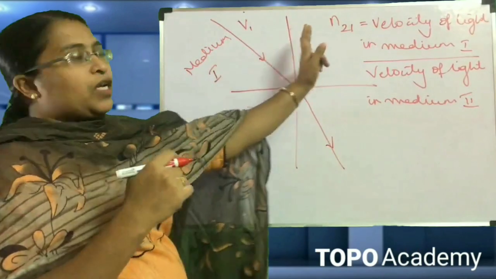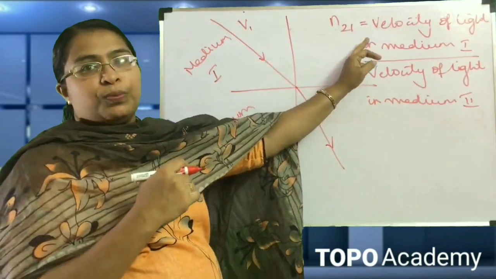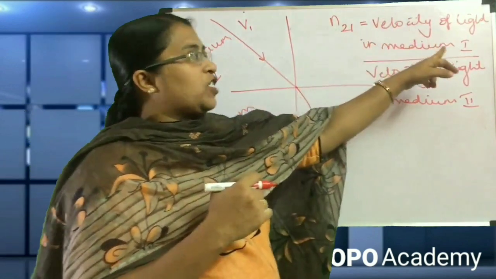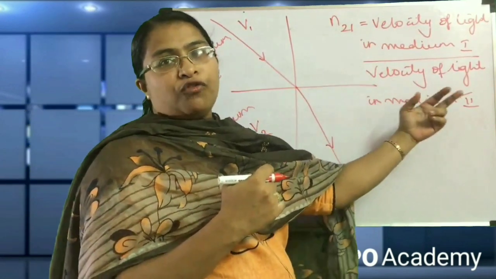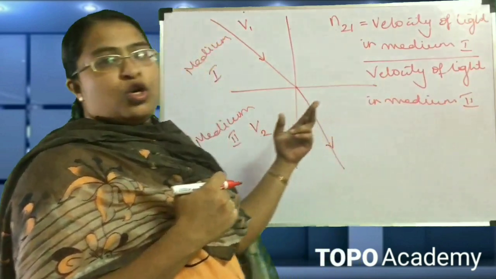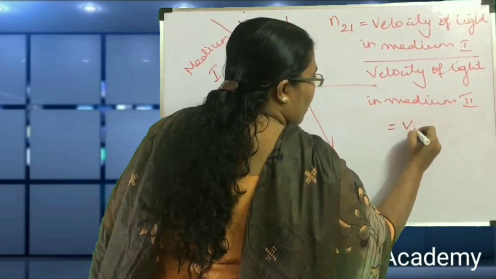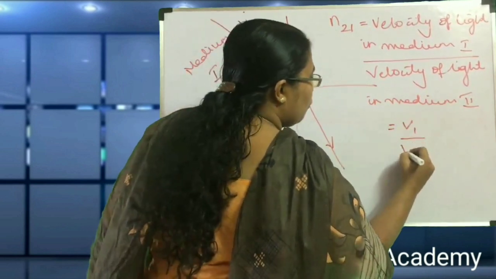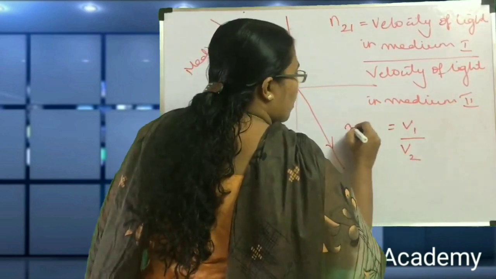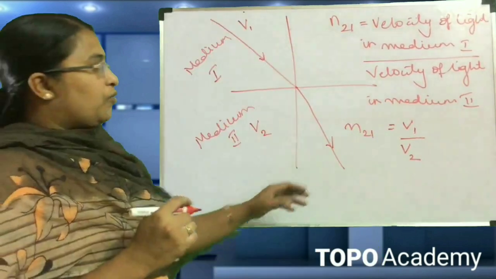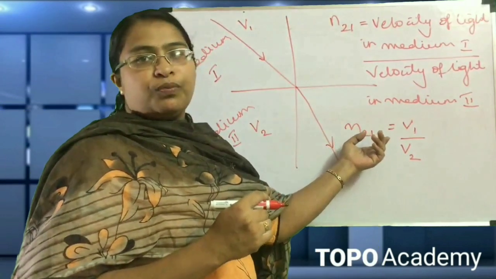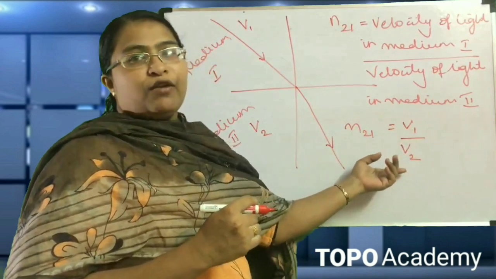That is, the refractive index of medium 2 with respect to medium 1 is v1 divided by v2.